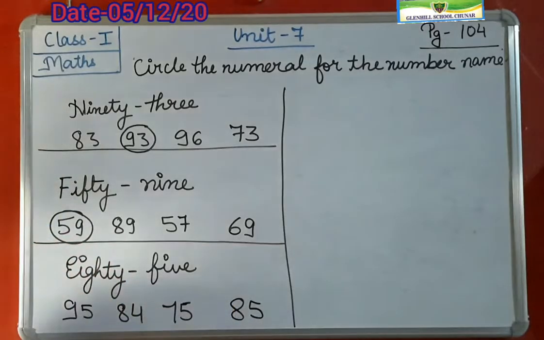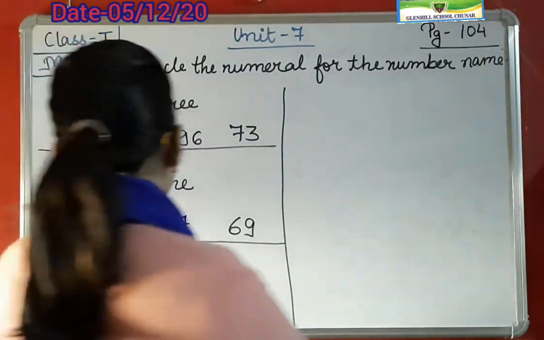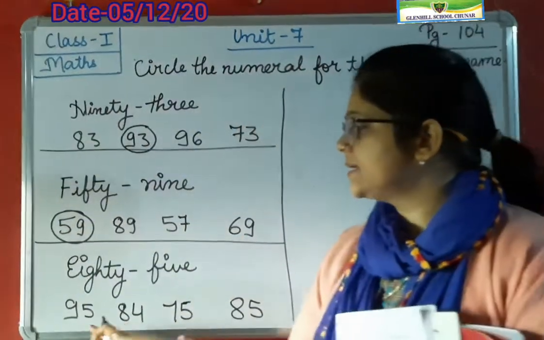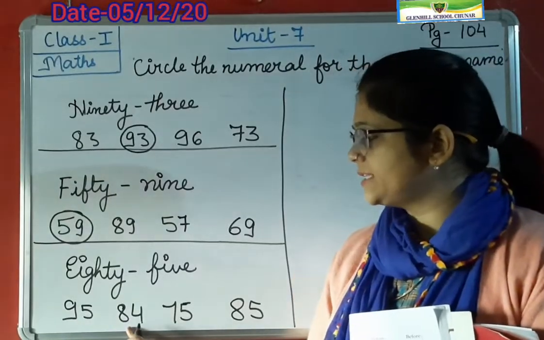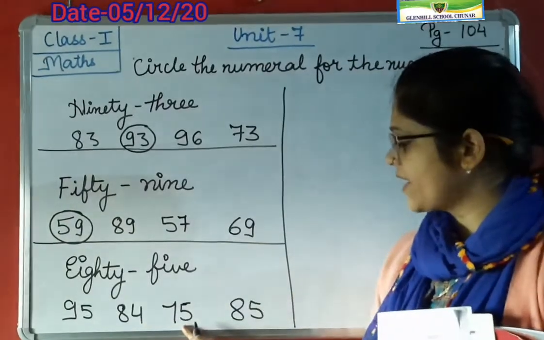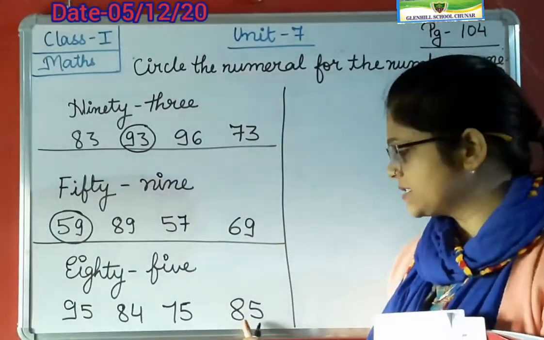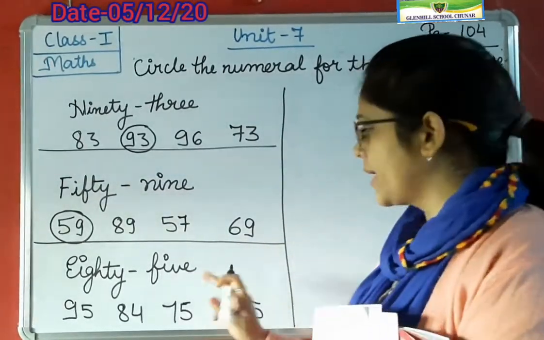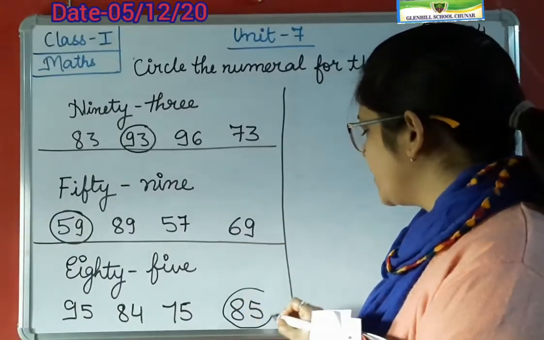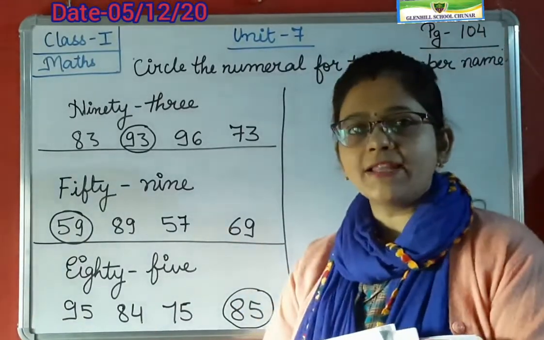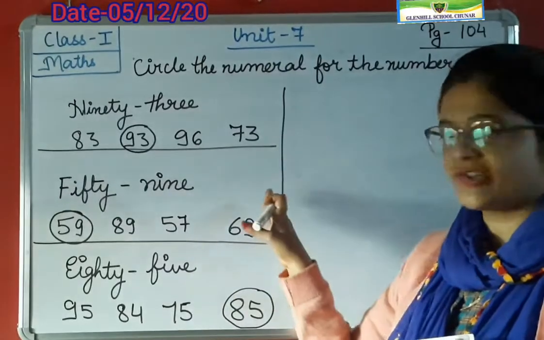So can you find 85 here? See, there it is 95, 84, 75, 85. So which one is correct? This one? 85? Okay. So 85 I have circled here. So like this only you have to do this question.